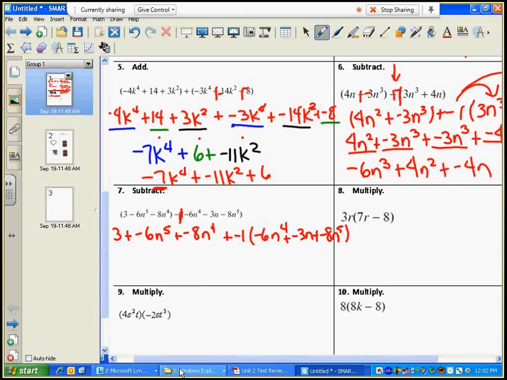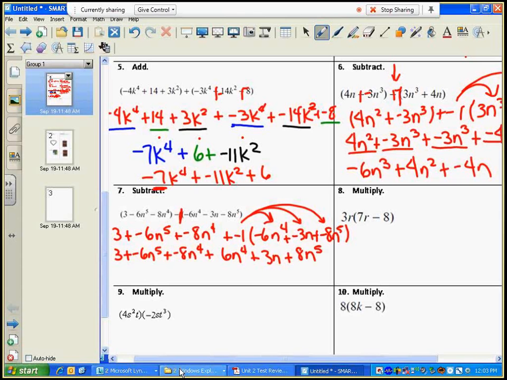Now I'm going to do my distributing first before I try to combine anything. Negative 1 times negative 6n to the fourth is 6n to the fourth. Negative 1 times negative 3n is 3n, plus negative 1 times negative 8n to the fifth is 8n to the fifth.